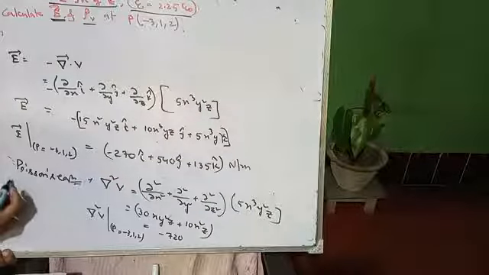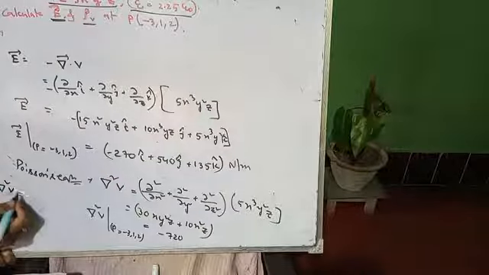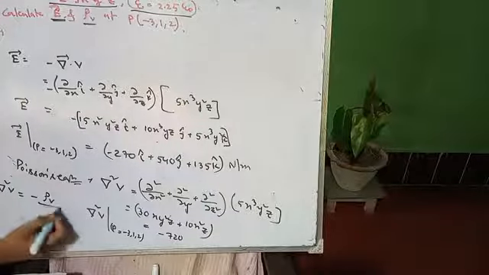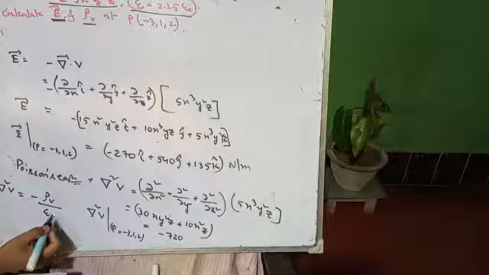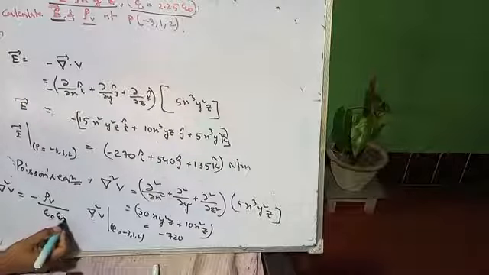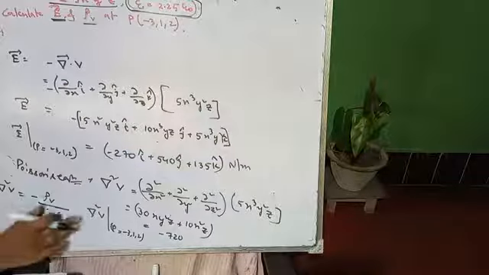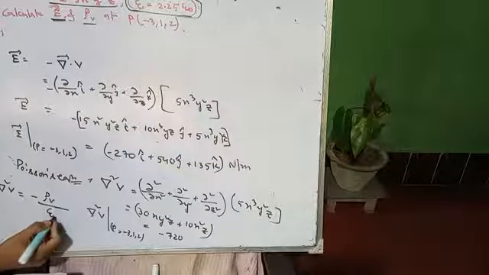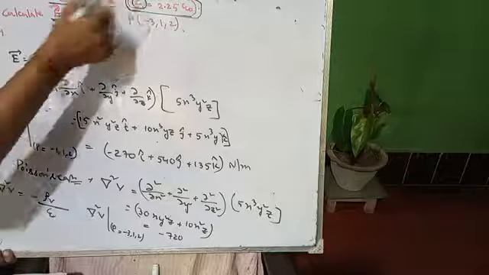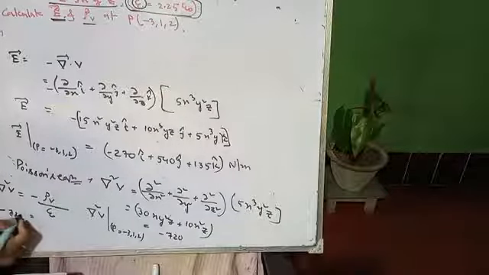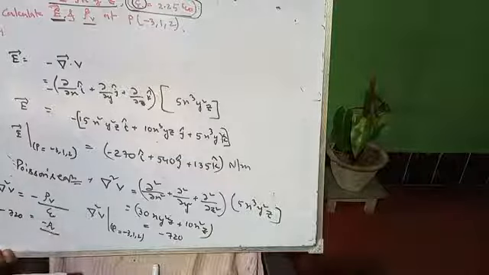Applying the relation, del²V equals minus rho v by epsilon naught. But here, since another medium is given, it is better to write only epsilon, because only epsilon is given. So minus 720 equals minus rho v by epsilon.